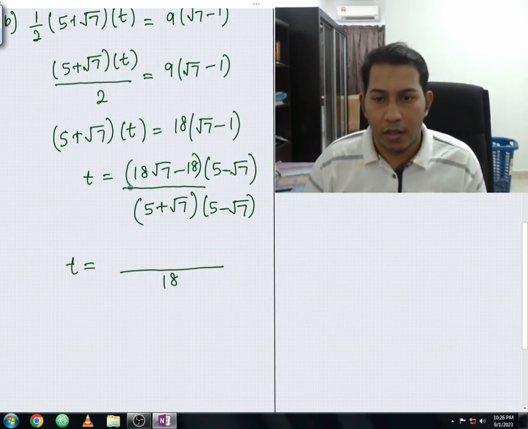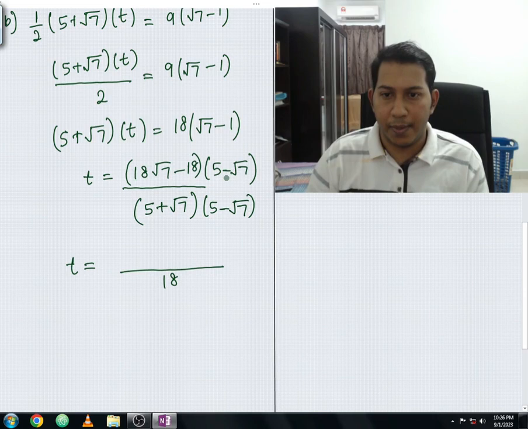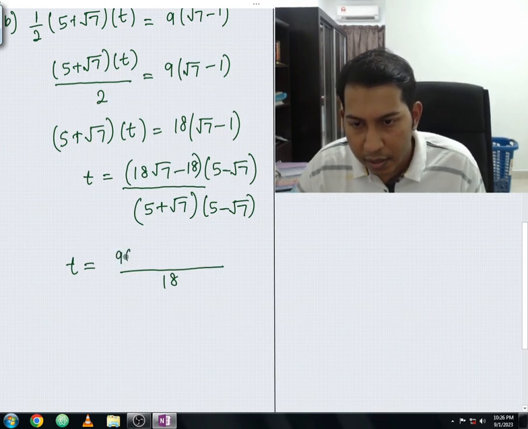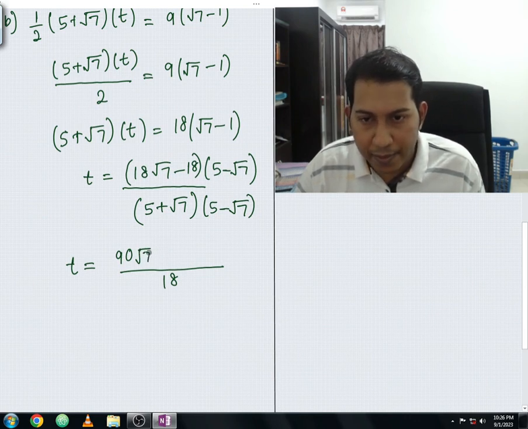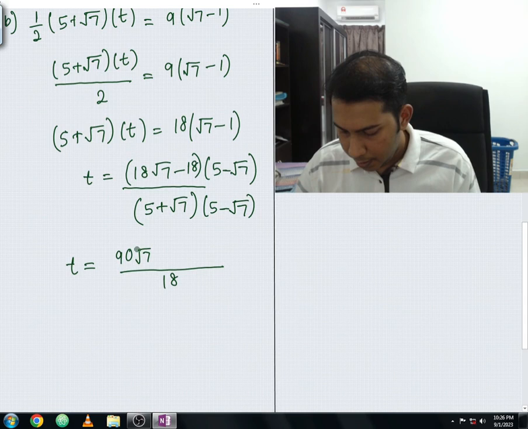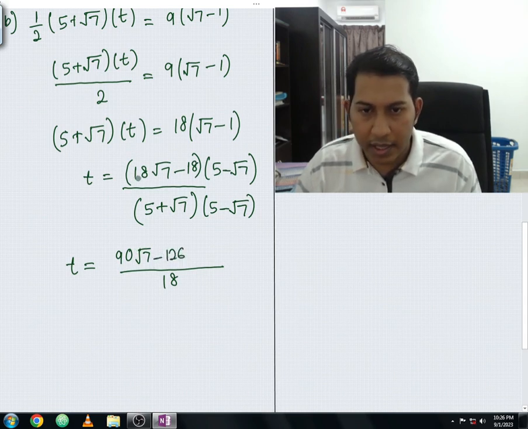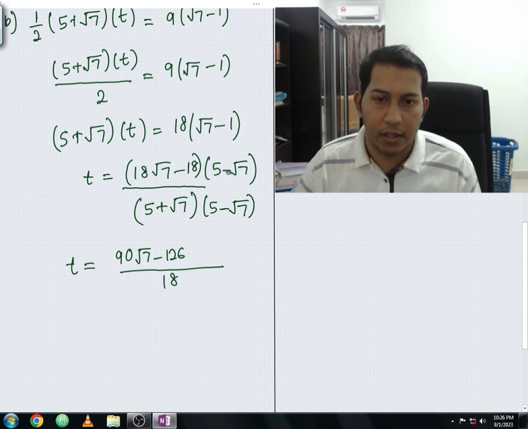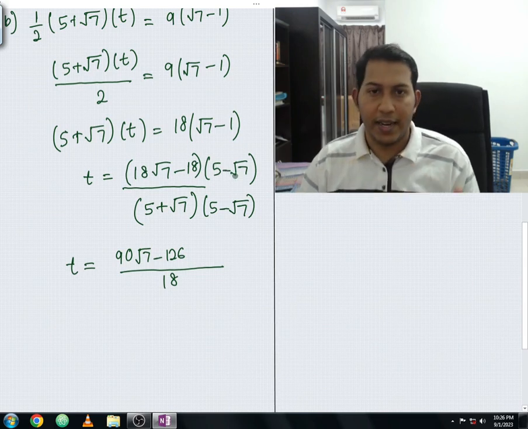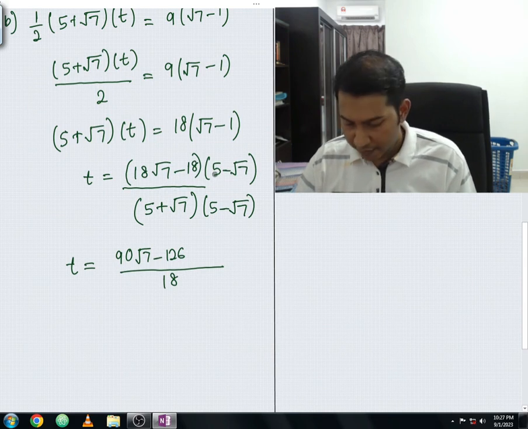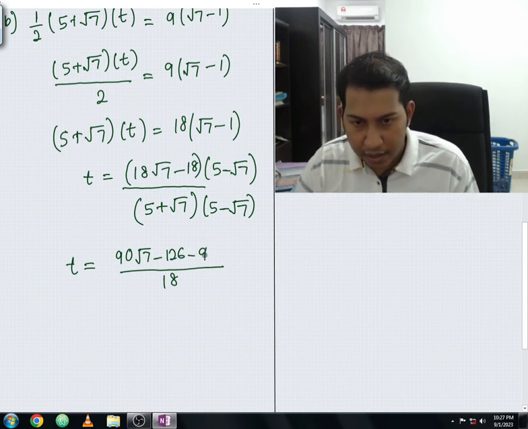Okay, so now we are able to perform the expansion. So 18 square root 7 times 5, from here you get 90 square root 7. Okay, and then 18 times negative 7, so from here you get negative 126. Okay, and then negative 18 times 5, so from here you get negative 90.